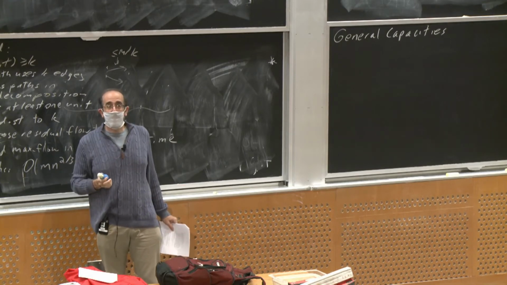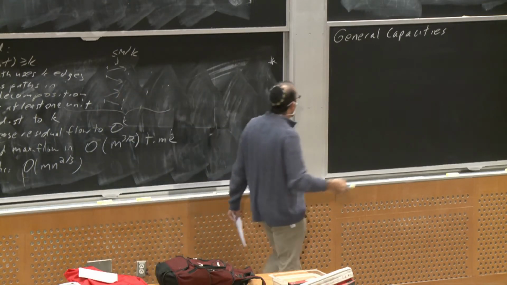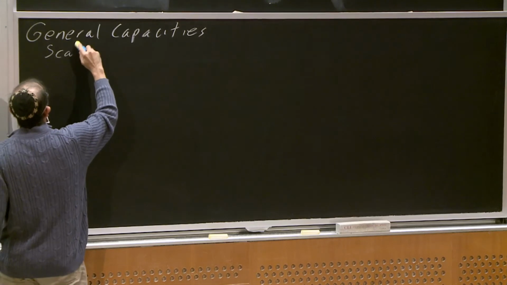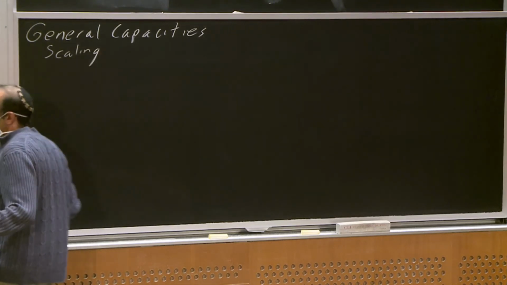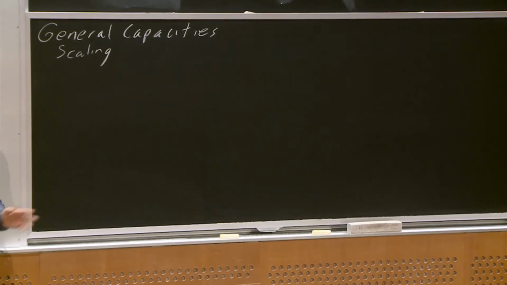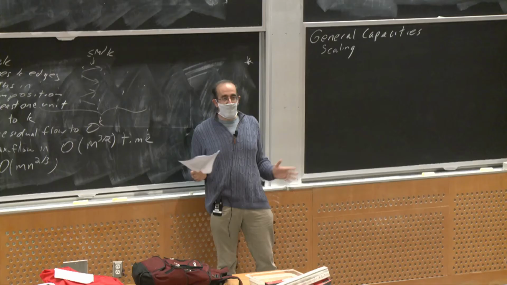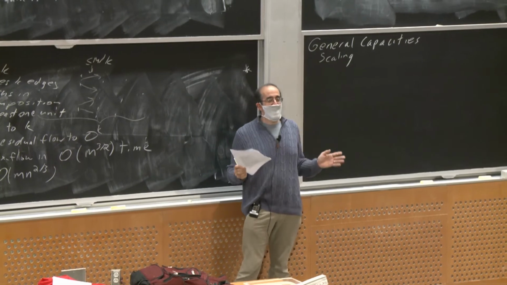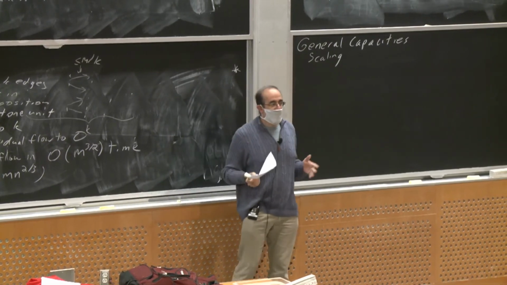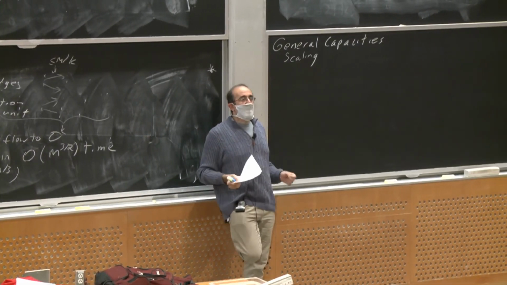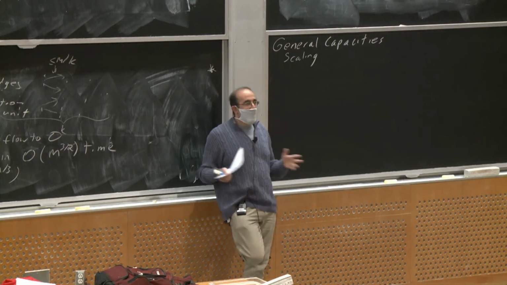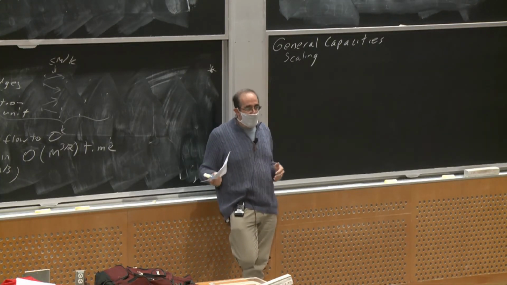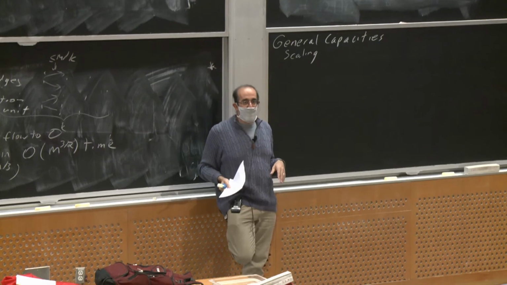We can try scaling. Actually, we're not going to talk about real capacities right now, but at least if you have integer capacities, then you can use scaling. You can use this idea that all of the numbers are represented in bits, and you can initially round all the numbers down to 0, which makes it really easy to find the max flow.